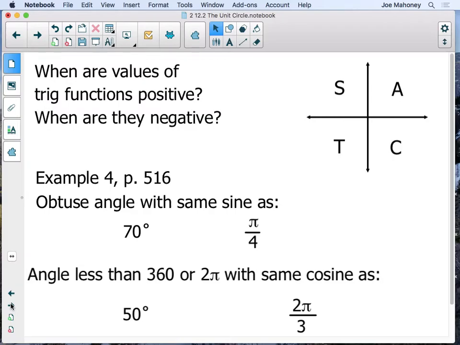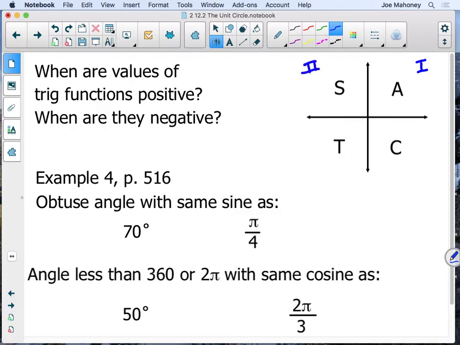Here's a little thing to remember, this little compass quadrant thing on the right. A nice way to remember where the trig functions are positive or negative. In quadrant number 1, they're all positive. In quadrant number 2, sine is the only one positive, so we'll put an S there.